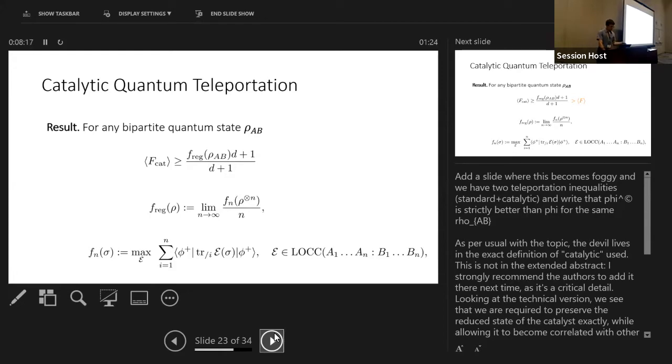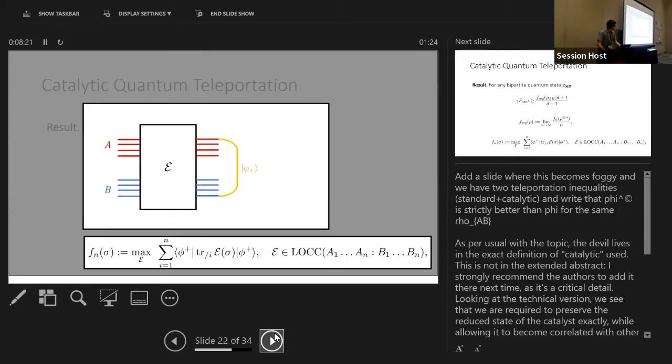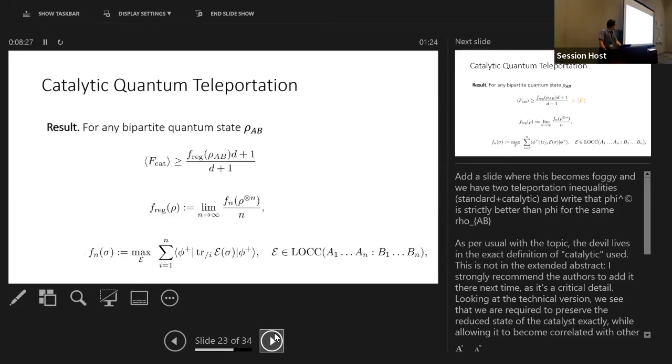And as we can easily see, when we take this channel E to be just a separate collection of channels on each copy, then our catalytic fidelity will essentially be the same as the standard fidelity of teleportation, meaning that this quantifier is always equal or larger than the fidelity of teleportation.